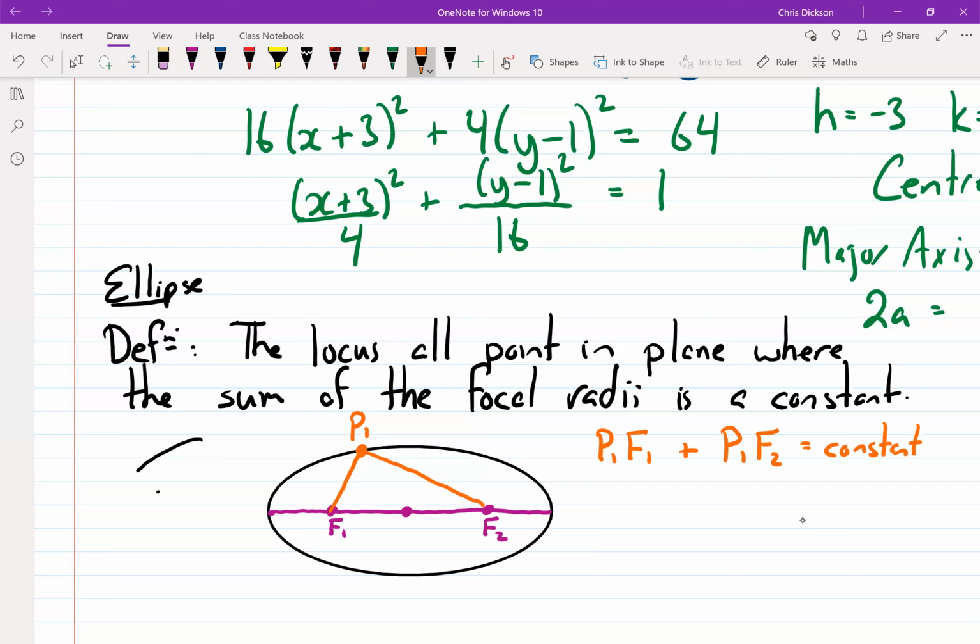And once again, if you made a point maybe way over here, let's call this point P2, and you measure this distance and you add it to that distance, so this would be P2F1 plus P2F2, that actually equals the same constant. So the sum of the focal radii.